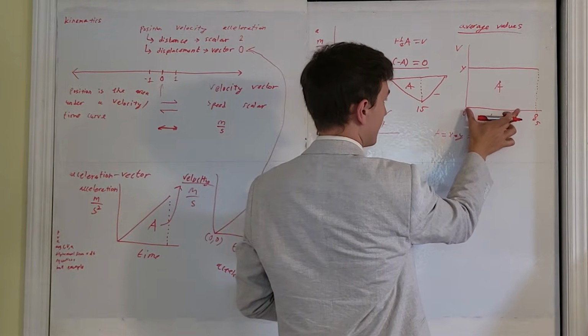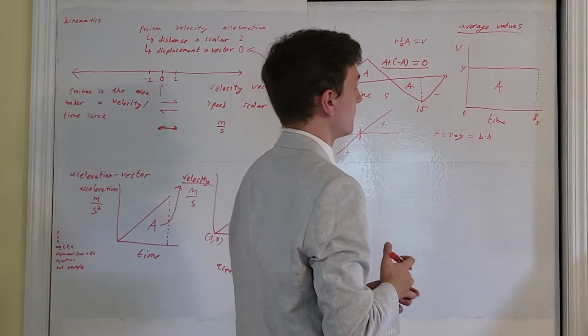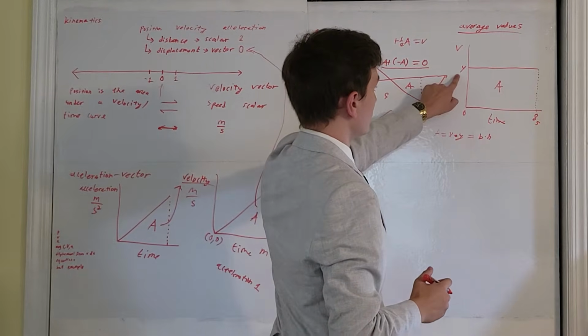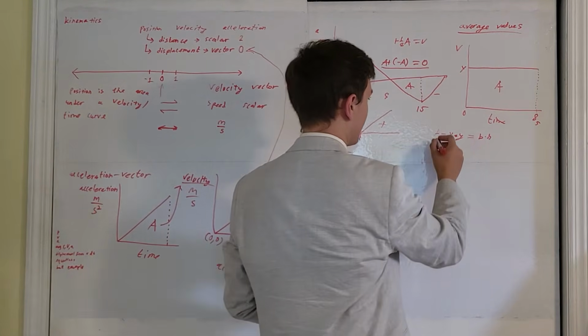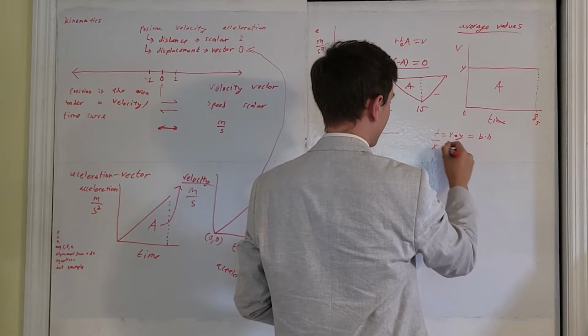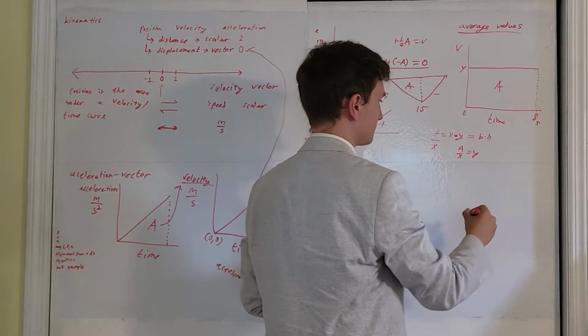Because the x value is our base and the y value is our height. If I want to find the average value of my function, I need to figure out what y is. So I take area and I divide it by x. Area over my x value gives me my y value.